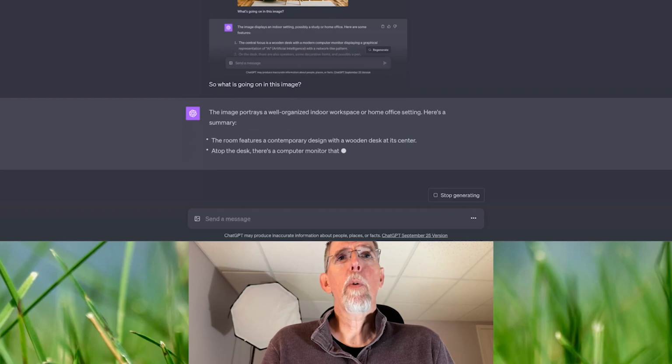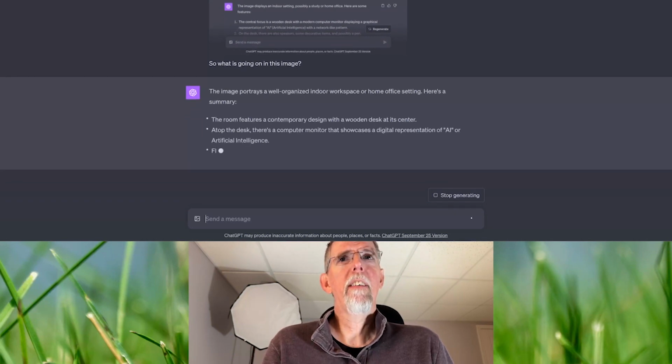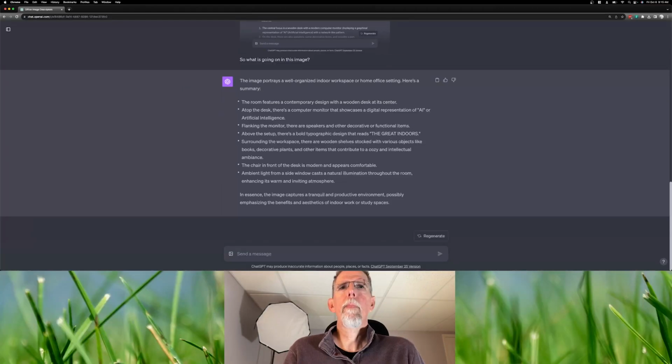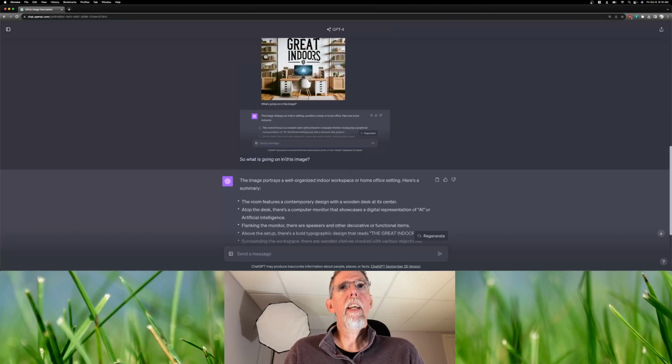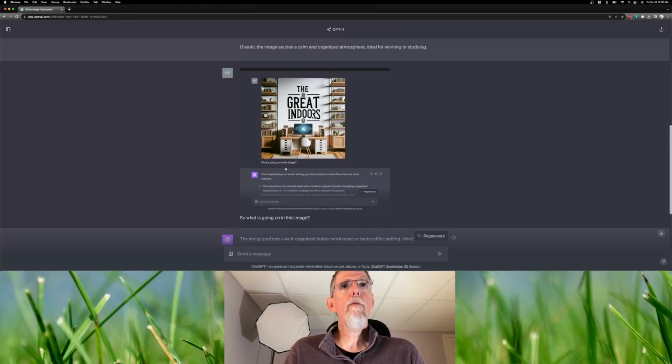The image portrays a well-organized indoor workspace or home office setting. Here's a summary. Interesting. So this is really interesting. Everything it's given me is a description of the image in the upper part of our image that we've handed it. It seems to have ignored everything happening below. So that's really strange.